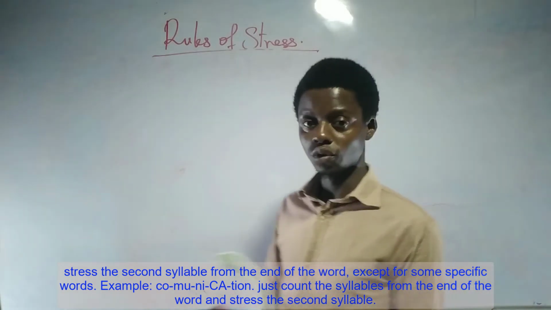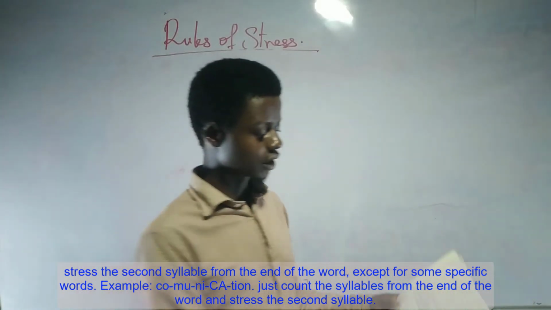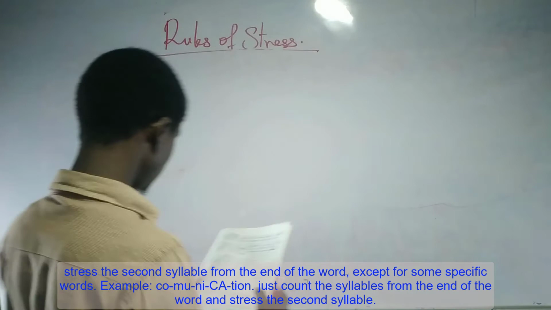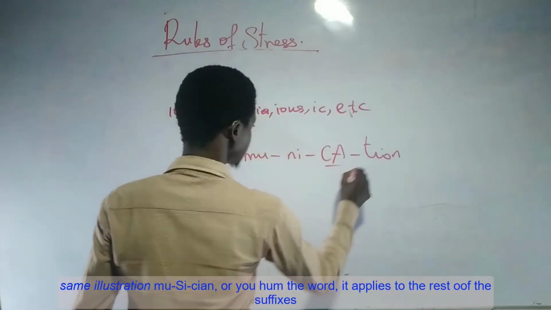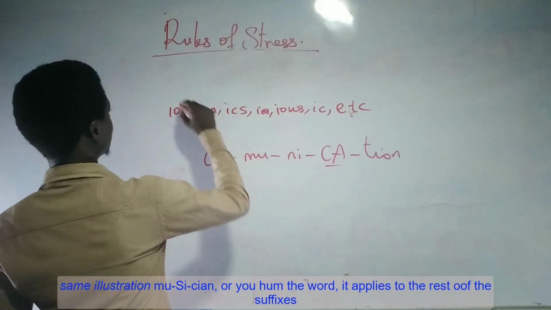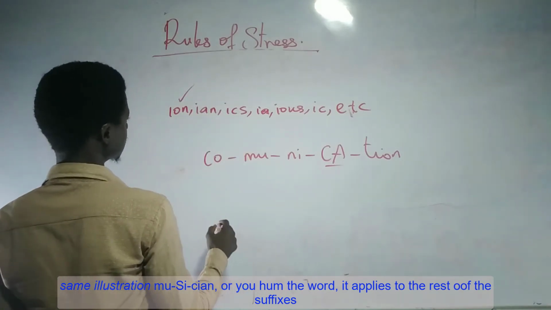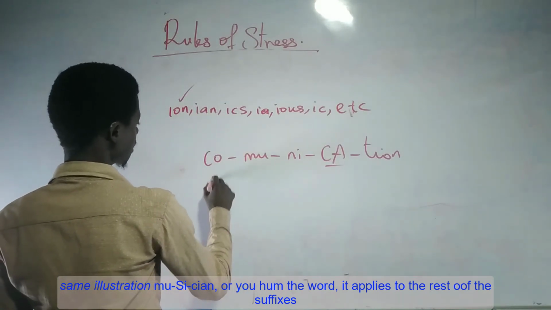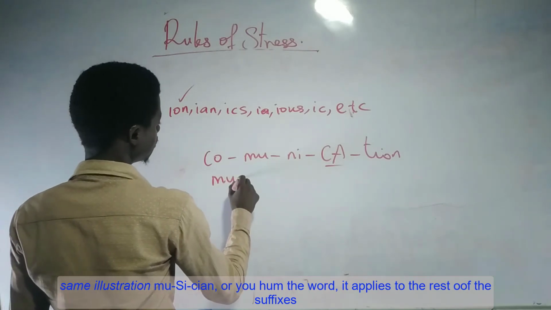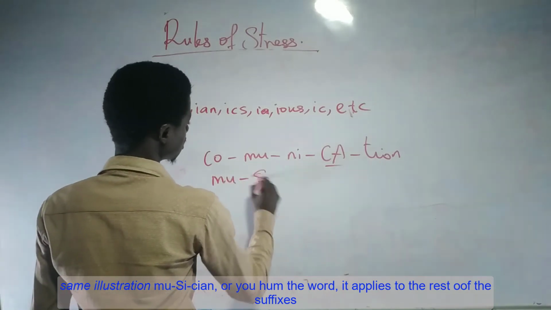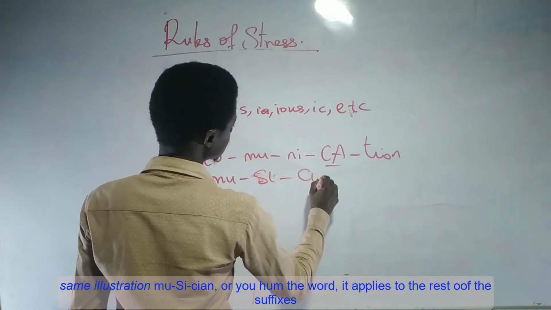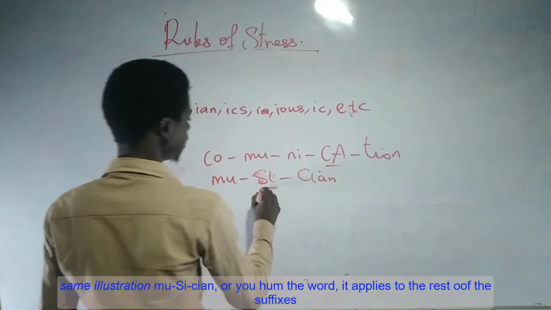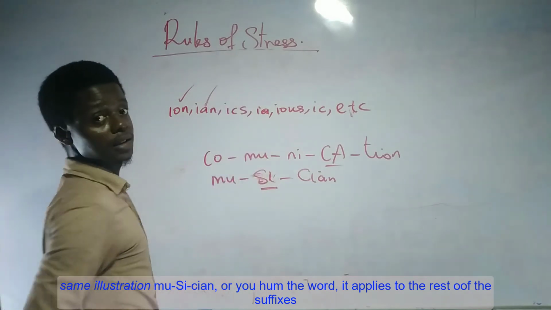There are more rules to that. For example, for words that end with this, the stress is here. That is for this. Then for another one, you stress it here, that is for this.